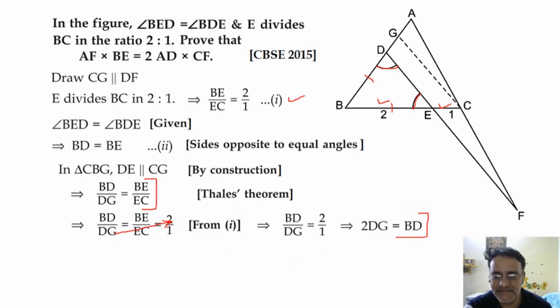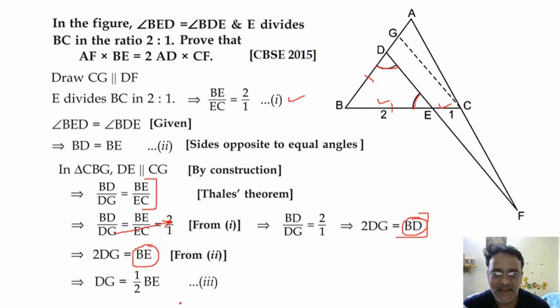This is clear? Yes, sir. Okay. Now next BD के जगह पे हम लोग BE भी लिख सकते हैं, because these two are equal. And DG we can write half of BE. DG को हम लोग लिख सकते हैं half of BE. This relation we will use in the next slide.